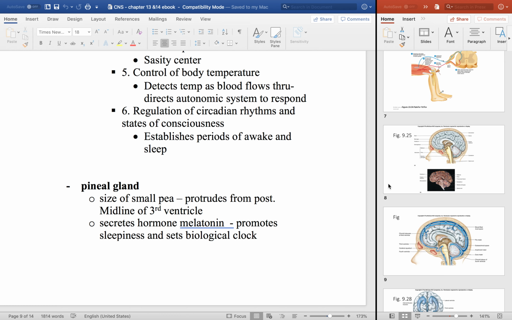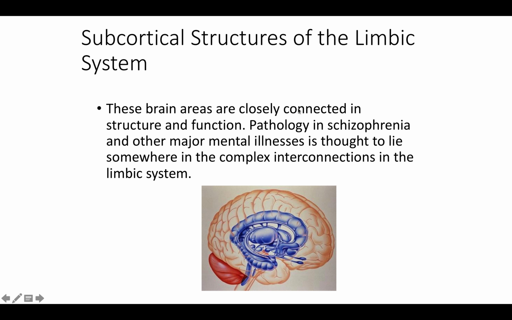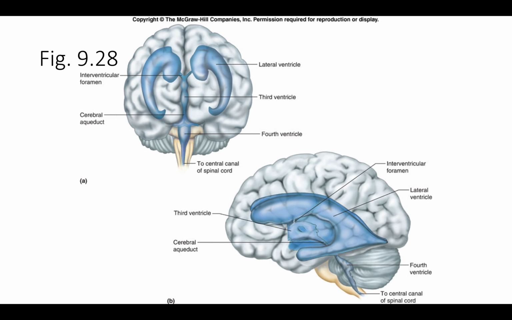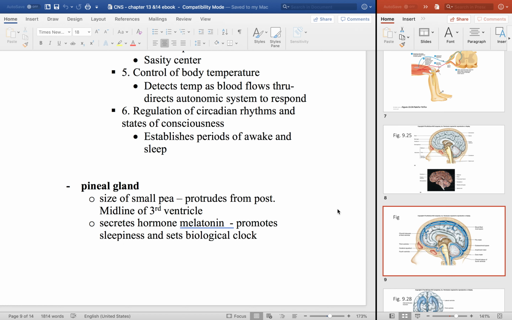It's very small. It's back here. Let's just take another look at the picture real quick. Remember, this is posterior. It's right back here. That's where the pineal gland is, in the very back of the diencephalon, the inferior part.